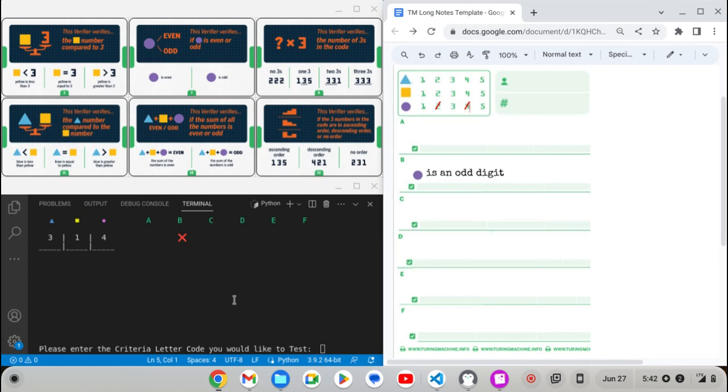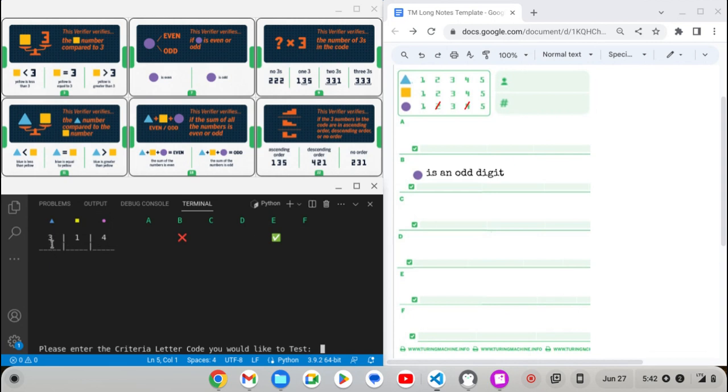Okay, so the next thing I want to test is, notice that criteria card E tells me something about the overall evenness or oddness of the 3 digits concerning their sum. So let me go ahead and test criteria card E. Okay, so the Turing machine does approve that their sum, well, in my case, I have a proposal of 314.